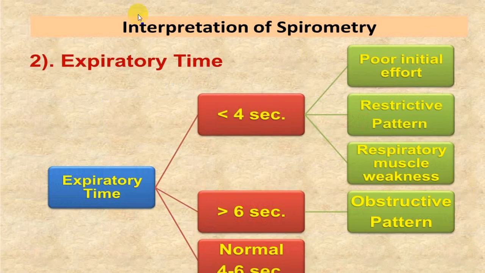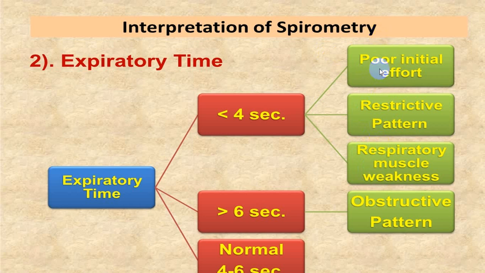Now sometimes while doing spirometry, if the person is taking less than 4 seconds and there is no further tracing, this is called poor effort, or the person has a restrictive element, or the person has respiratory muscle weakness. So this should be ruled out.